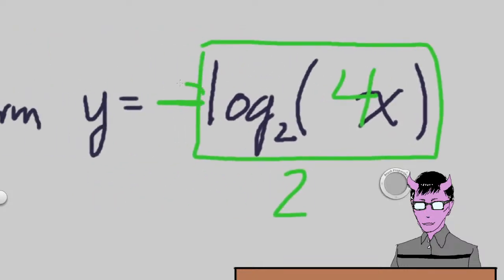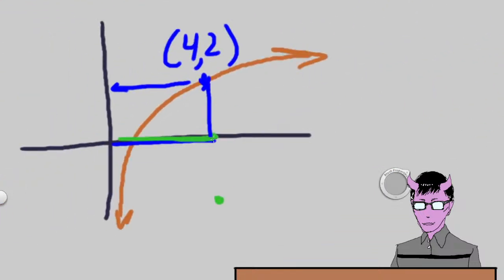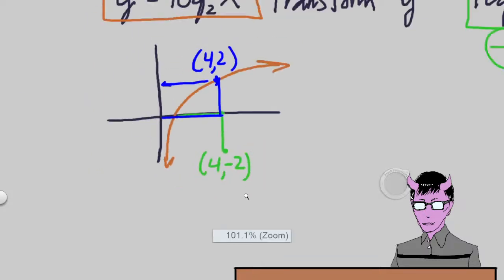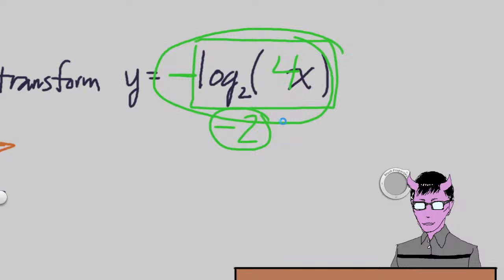But we have this negative, so this one becomes negative 2. So if we put in positive 4, we don't get positive 2 as before. It's modified with the negative in front, which is why we get negative 2. Again, that's this particular function right there.